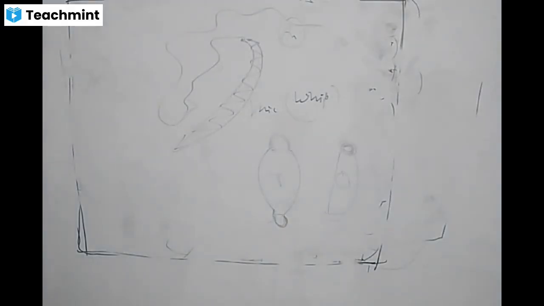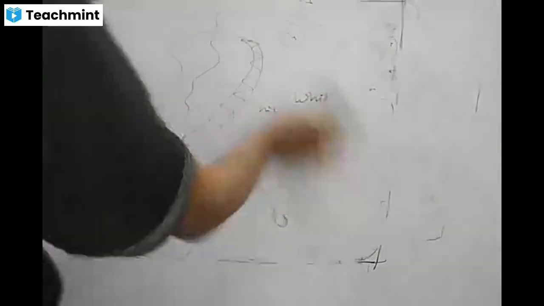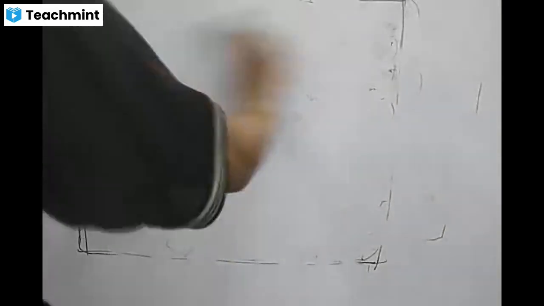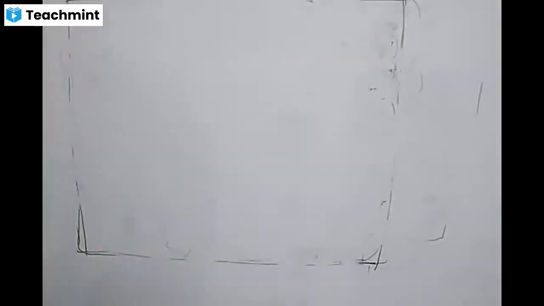So for this whipworm, the morphology is very important, and its location is intestine. So all the pathogenesis will be like enteritis, diarrhea, all these things.